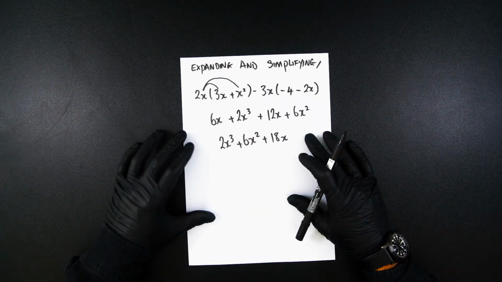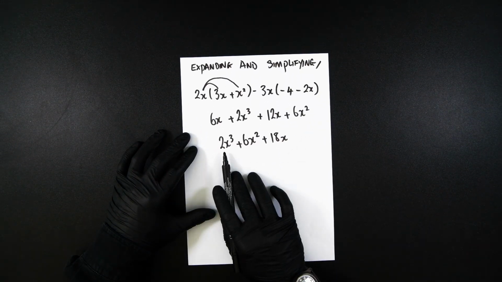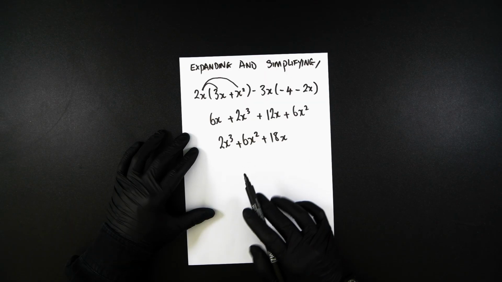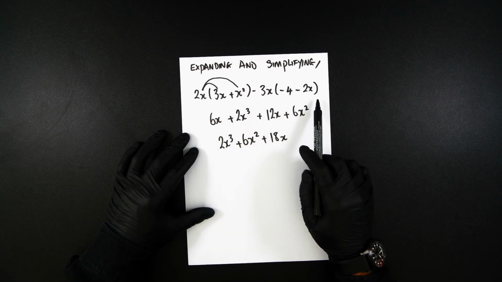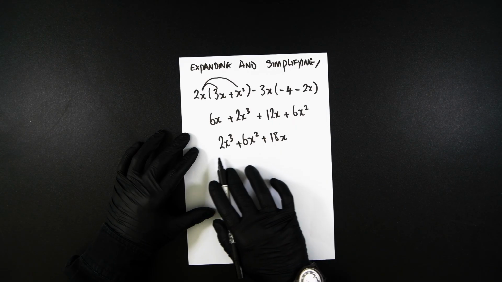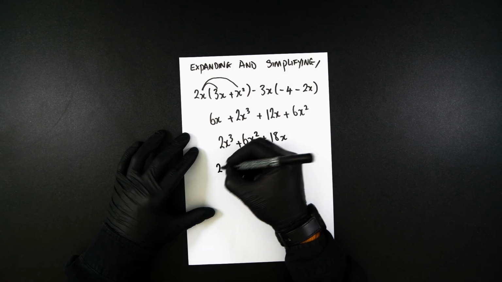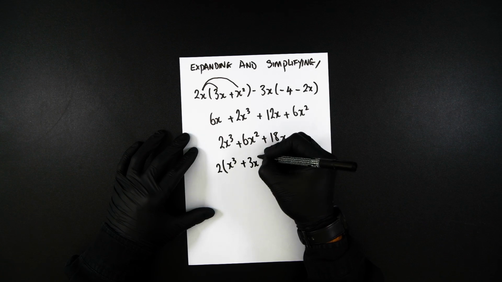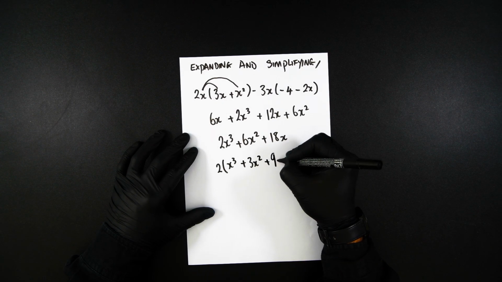Let's look back at the question that we previously did. We expanded it and simplified it, but now we can also factorize it so it looks a bit better than this. We can see that 2 is the common factor between all of these numbers, so let's pull 2 out. We're going to have x cubed plus 3x squared plus 9x.